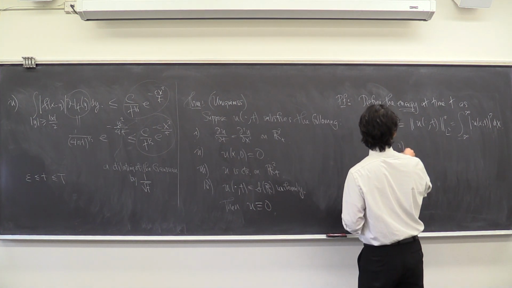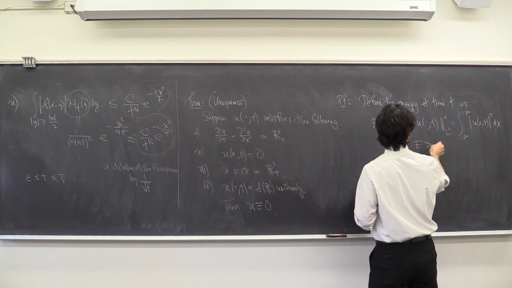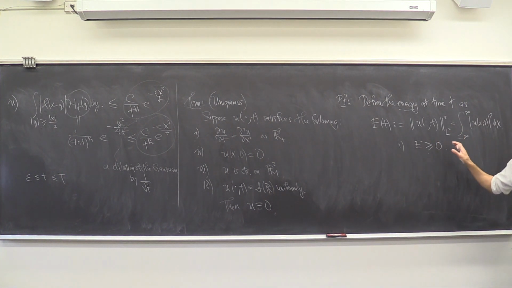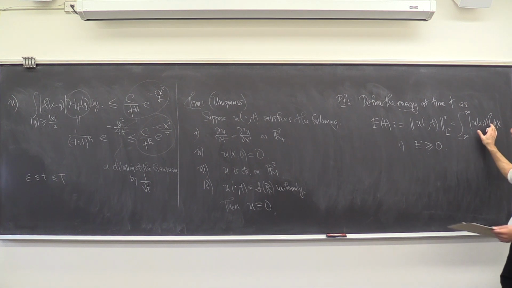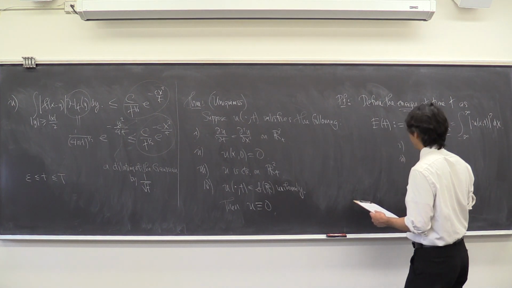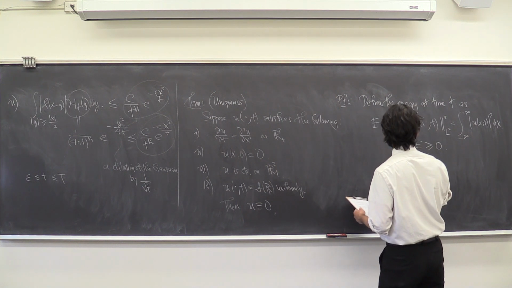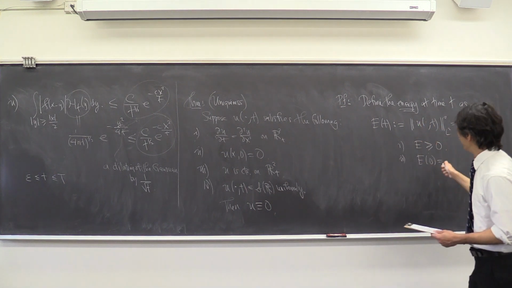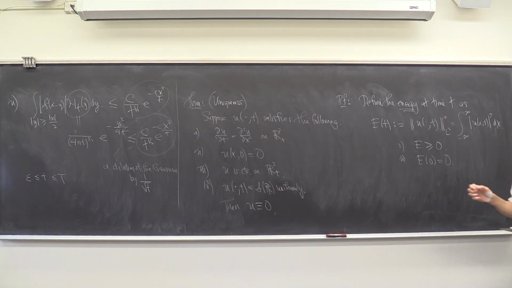So notice that E is always going to be non-negative, since it's the integral of something non-negative. And we also see that E at time 0 is just the integral of 0, so there's 0 energy at the beginning.